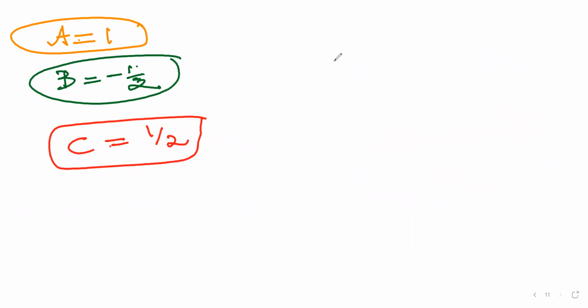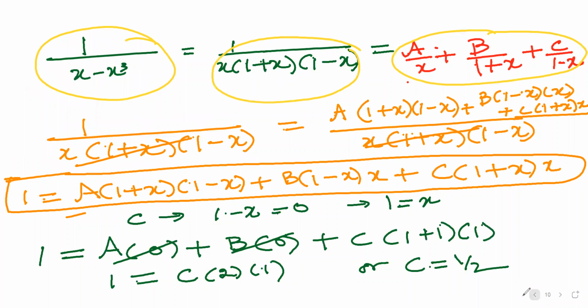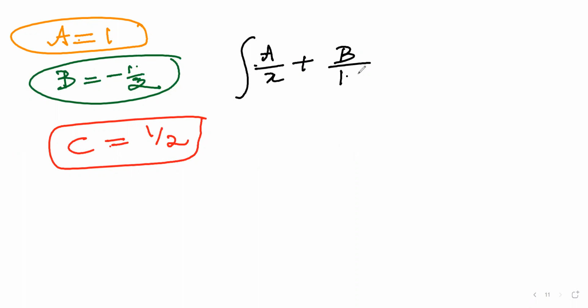So the integrand becomes a by x plus b by 1 plus x plus c by 1 minus x, dx.